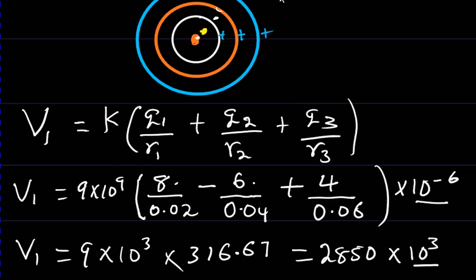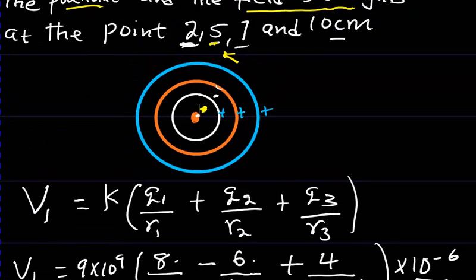So let's now proceed. The position is 5 cm. Looking at how it goes from the first sphere, which is 4 cm, to 5 cm, that is 1 cm.